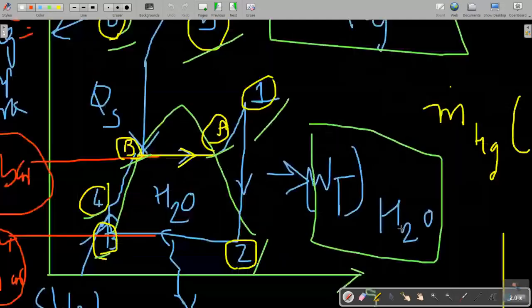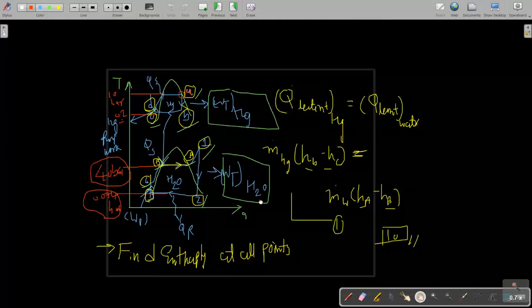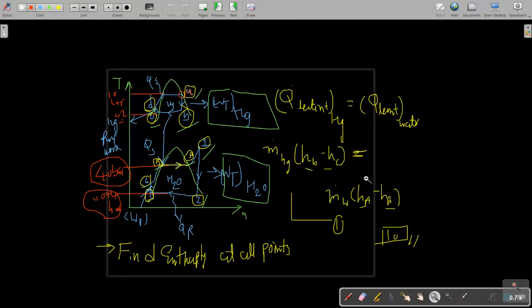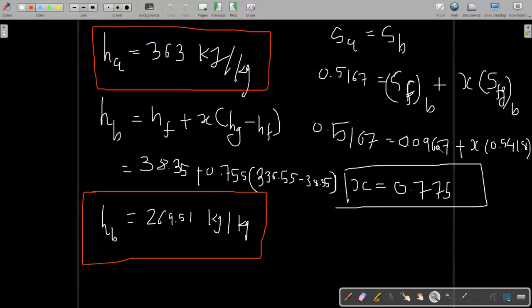Now look at equation 1. It says the latent heat of mercury is given to the latent heat of water. With this one equation, we have to find the ratio of mass flow rates of both fluids. We have the enthalpy values of all these points, so just put in the values. I'm directly writing the values, hope you noted them.